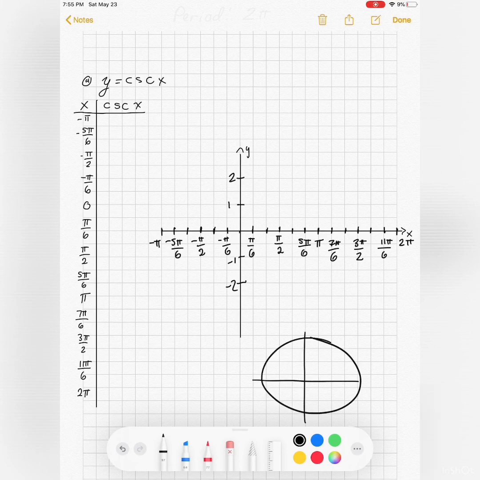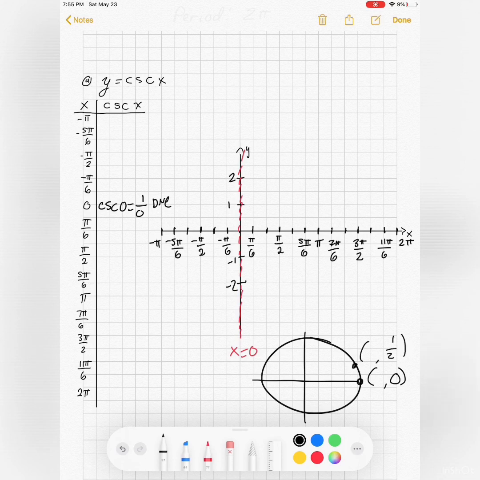I start with a unit circle. Okay, so cosecant of 0 is 1 over the y value. Does not exist. Okay, so I actually encounter an asymptote immediately then. Pi sixths.